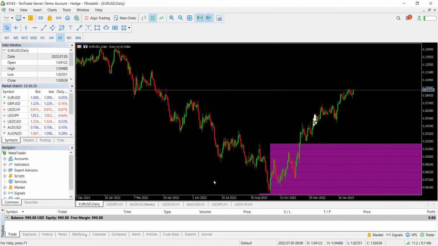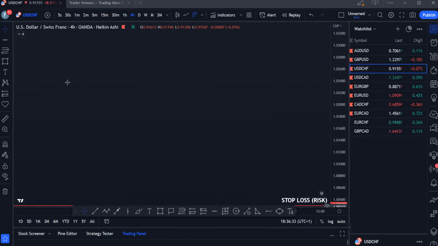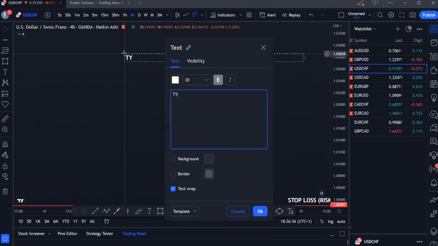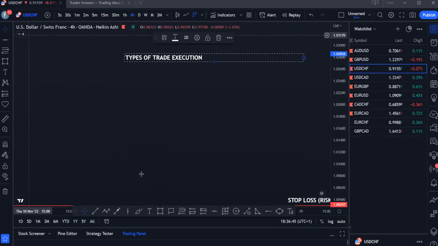Let's start by talking about the different kinds of executions that we have. So let me go back to this page. Types of trade execution. We have two major types of trade execution.